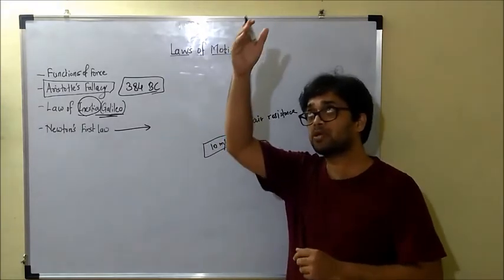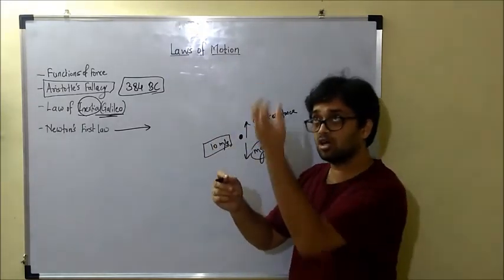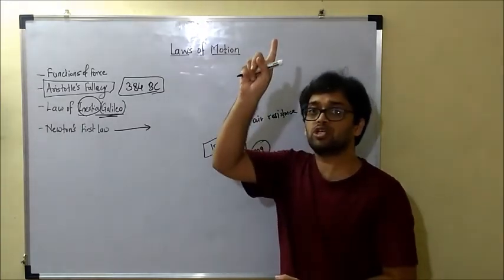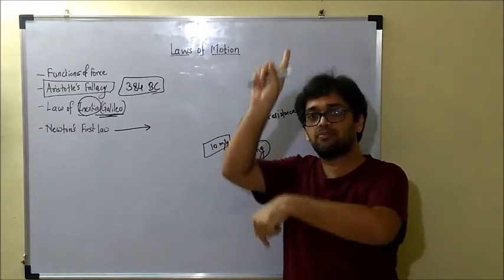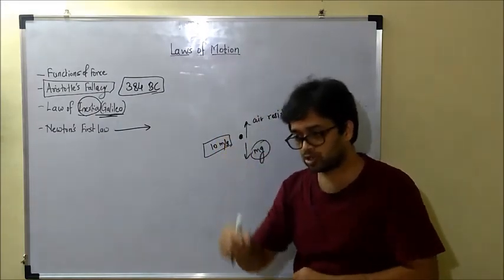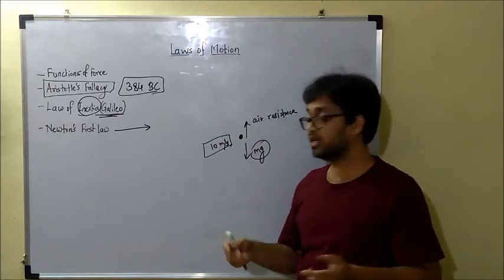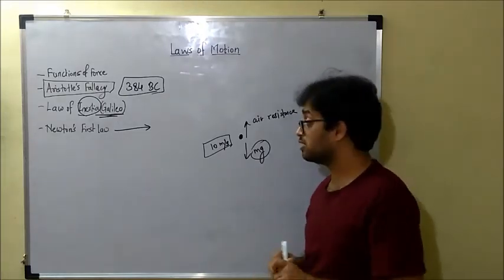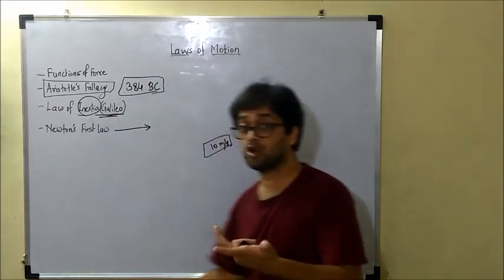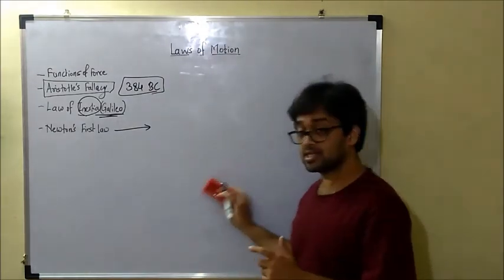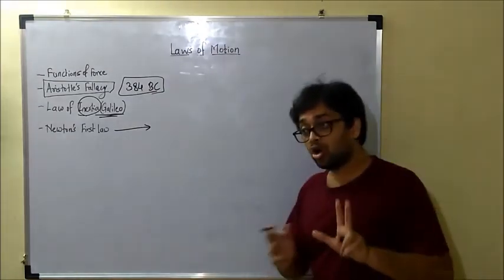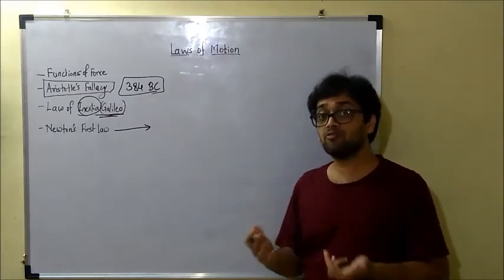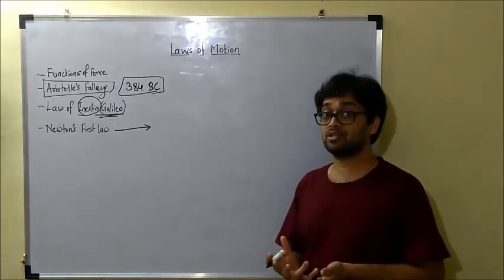So the raindrop keeps moving with the same velocity because earth is pulling it down and air is pushing it up. The forces get balanced and the raindrop moves with constant velocity, right? So things can move with constant velocity if the forces are balanced. That is what we take away from our first law: things stay at rest or move with constant velocity if the forces on them are balanced.